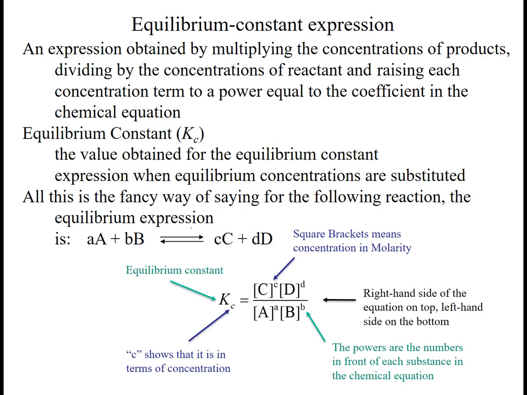Same thing for D: the concentration of D raised to the power of d, divided by the concentration of A raised to the a, times the concentration of B raised to the b. So the powers are the same as the coefficients in the chemical equation, and it's the right-hand side, the products, over the left-hand side, the reactants.